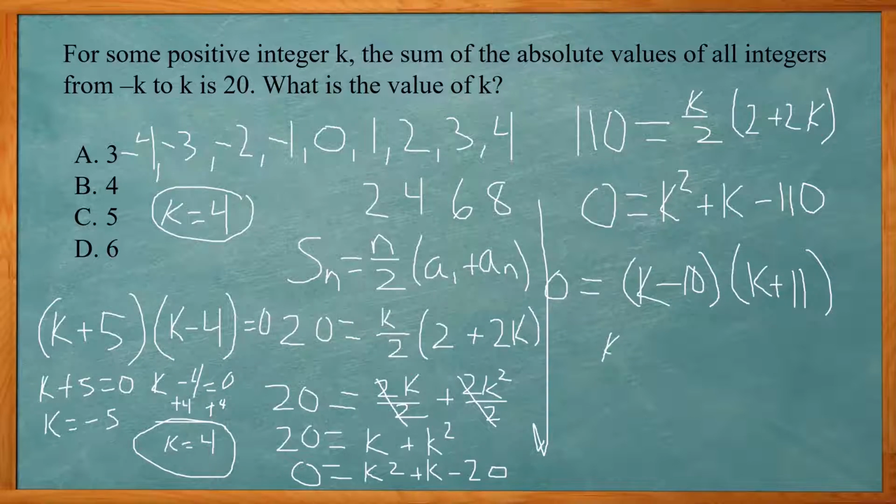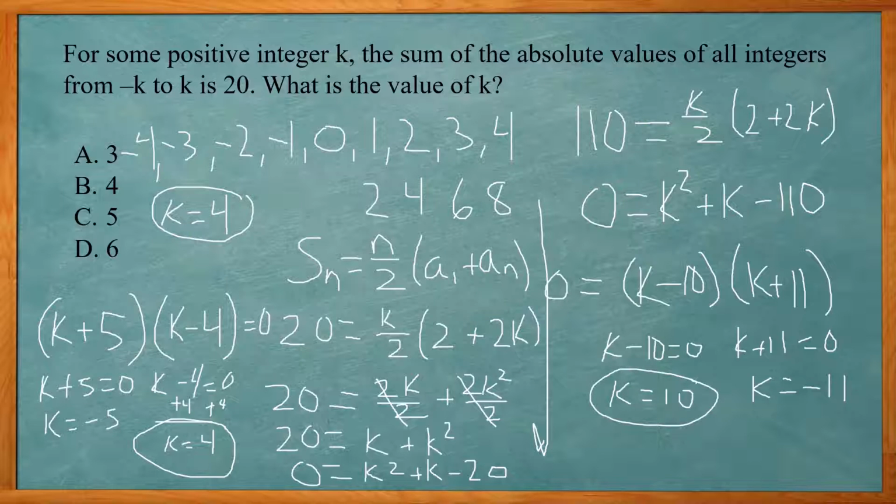Then set each of those equal to 0. Then we'll have k equals 10 and k equals negative 11. We need the positive answer, so k will equal 10.